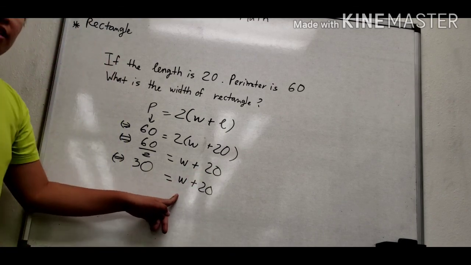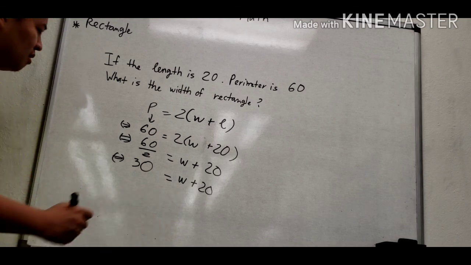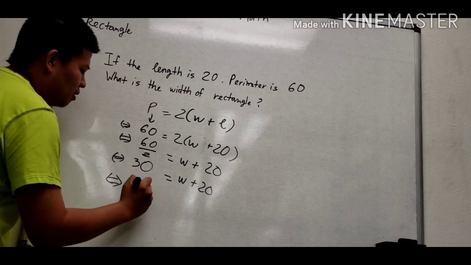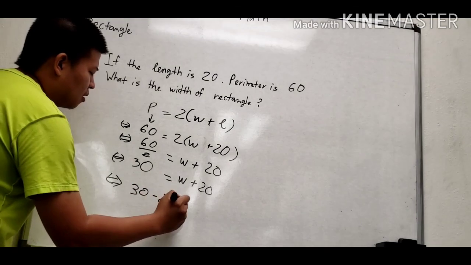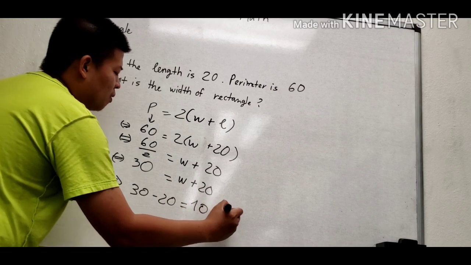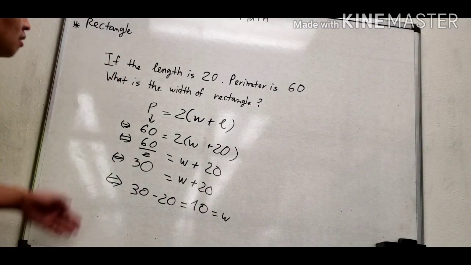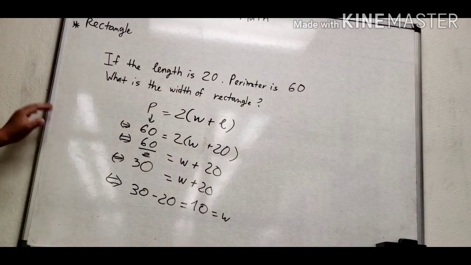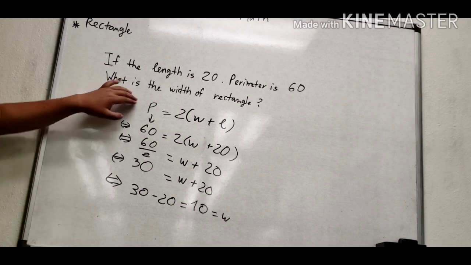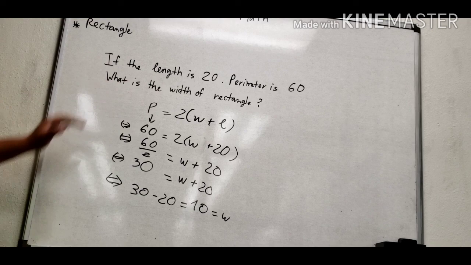Then we subtract 20 from both sides, and you get 10 equal to the width. So let's see the step by step to find the width from the perimeter together, so you understand the formula.